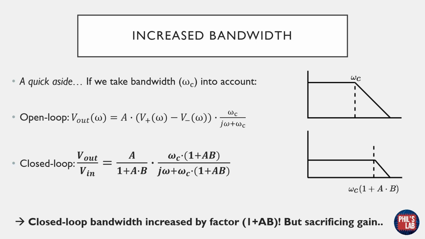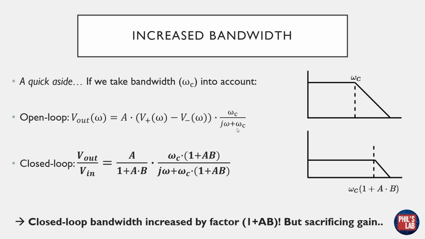Just to show you why the bandwidth is increased, we can actually take the bandwidth into account in our equation. Simply, our output is now a function of frequency, and I'll just use angular frequency for simplicity, and that is omega. So we have A times V plus minus V minus times this new frequency-dependent term, which is a simple first-order low-pass filter with a cutoff frequency of omega c.